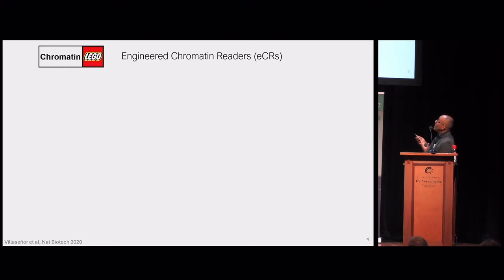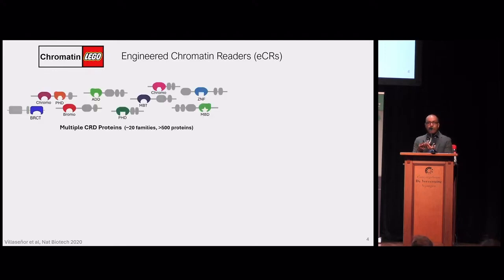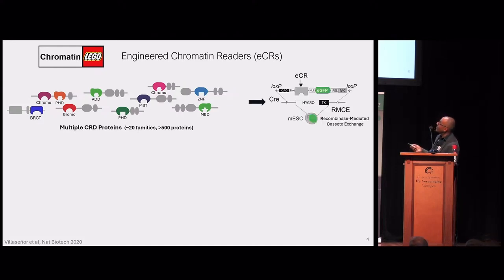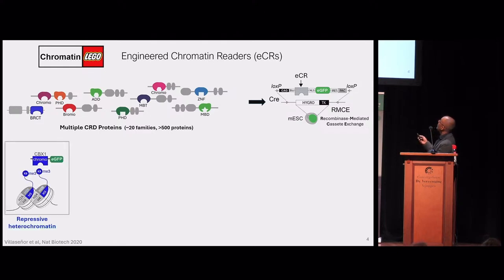In our group, we previously used an approach which we named chromatin Lego. Essentially, we use domains that have affinity towards chromatin modifications as modules to probe different mechanisms and pathways in cells. How we do that is that we assemble these modules into a cell line by using recombinase-mediated exchange.